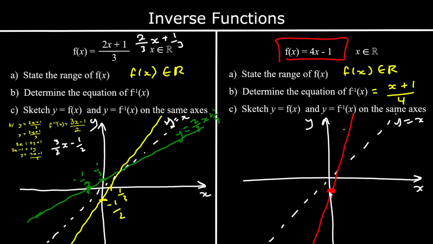So this is -1. It's going to cross the line y equals x at the same place the other line did, because it's a reflection in the line y equals x. This is a quarter, so this must be a quarter as well, because the y becomes the x and the x becomes the y for the inverse.